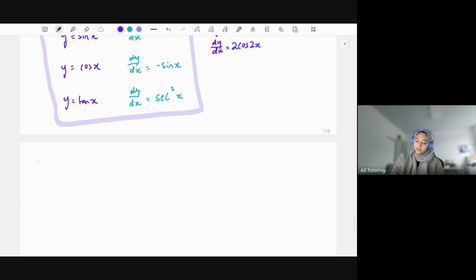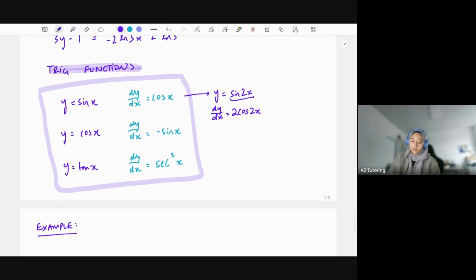Okay, let's do an example. So let's differentiate y equals cos 2x plus sine of x plus 1.